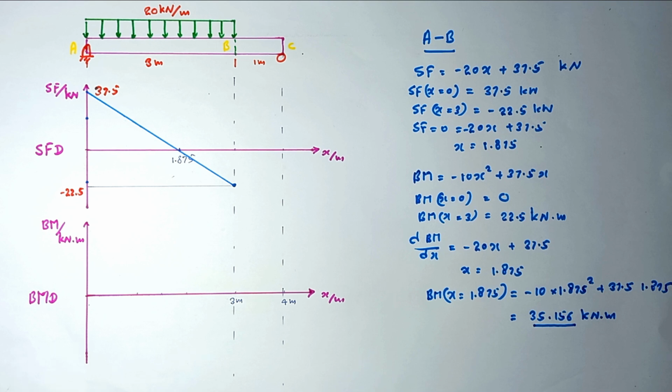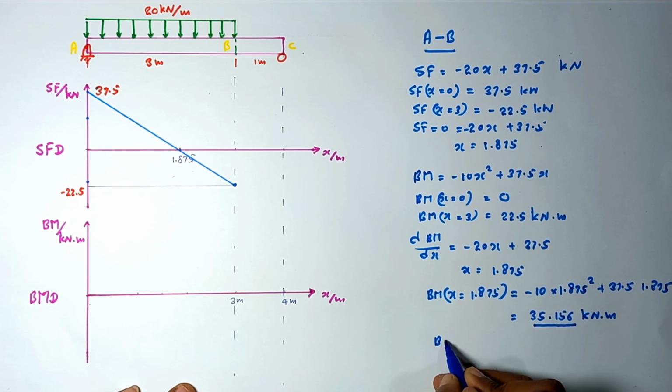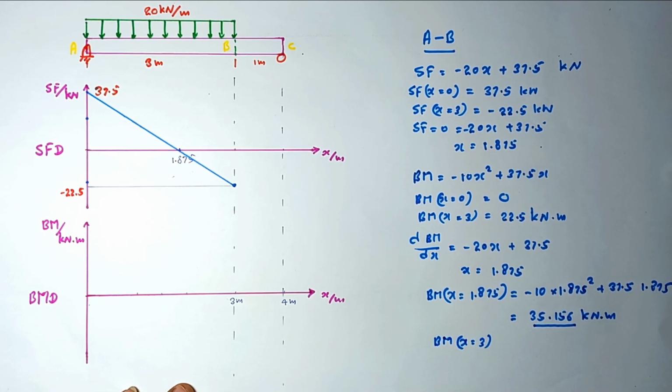Then again we have to calculate the bending moment at x is equal 3. By substituting this 3 in this equation, we have to calculate that one.